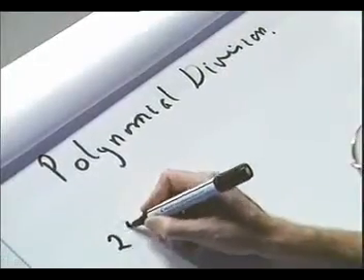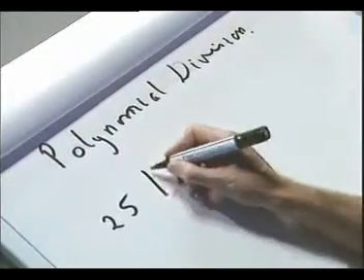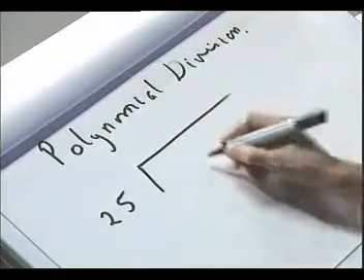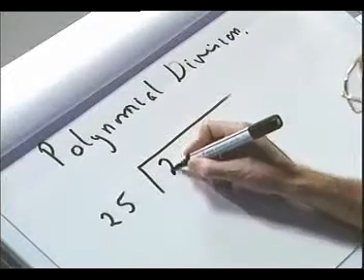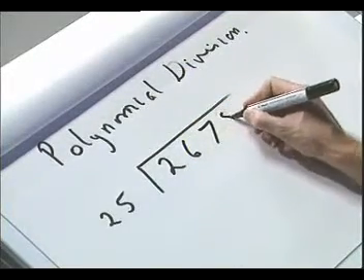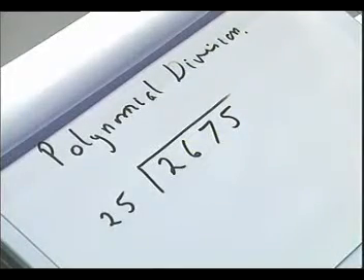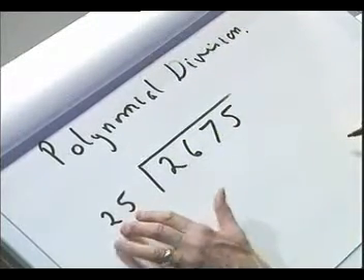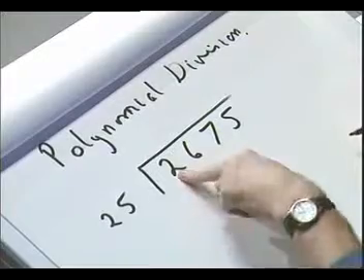So let's have a look at a long division sum. Supposing I want to divide 25 into, let's say, 2,675.